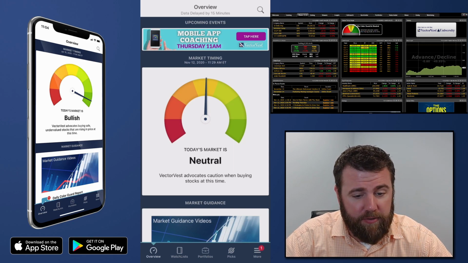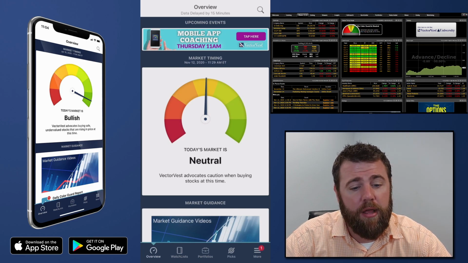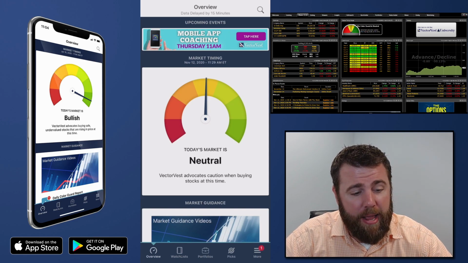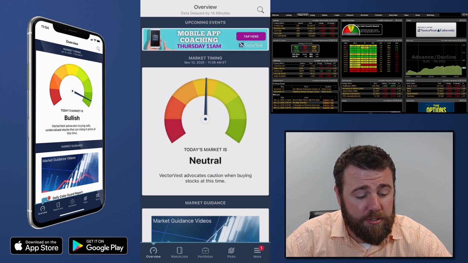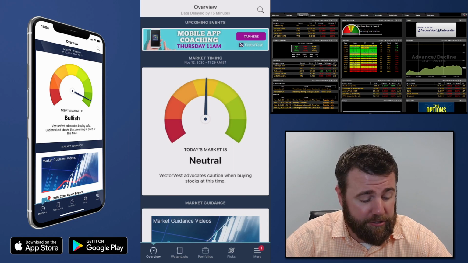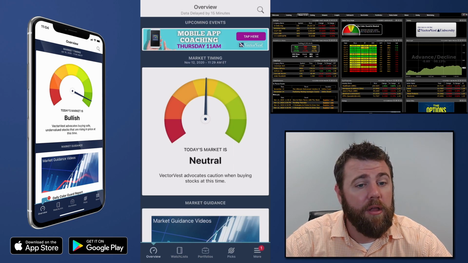Once again, alerts are going to be a great tool to be able to use to help manage your portfolio more efficiently, not wasting a lot of time staring at a screen all day long, and be able to take advantage of these trades very, very quickly. Also, alerts are across the board for all markets. So, it's not just US, all markets are having the ability to set these alerts now.